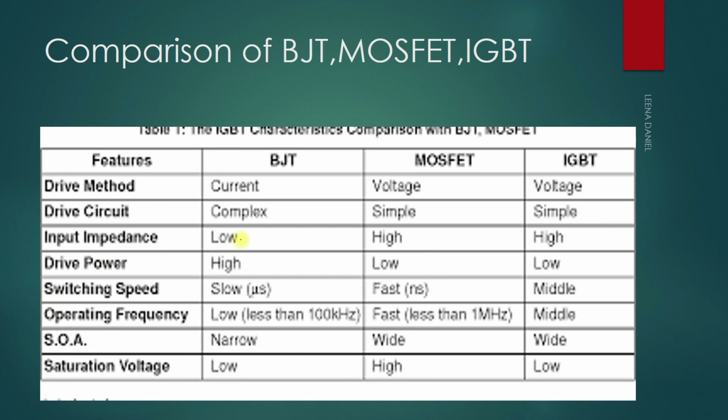For input impedance, as I told you, BJT has a low input impedance, but MOSFET and IGBT both have a high input impedance. For drive power, we need a high power to operate the BJT, but we need very low power to make the MOSFET and IGBT conduct.